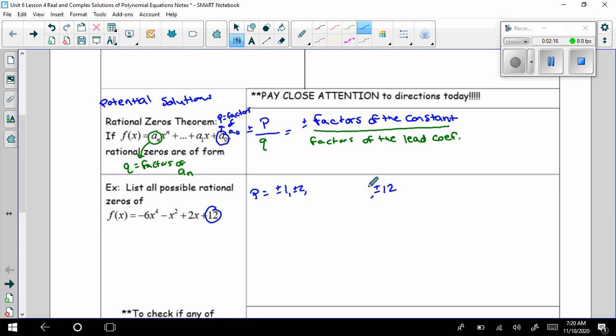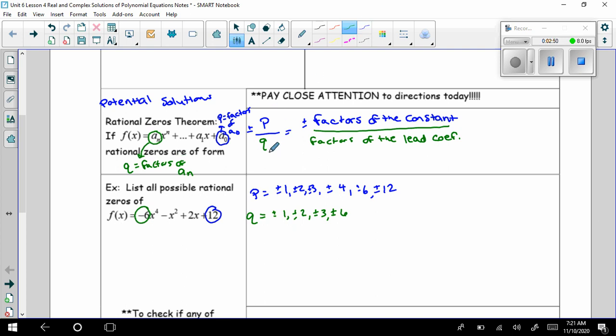So 2 and 6, 3 and 4. And then Q will be 1, 2, 3, and 6. All right. So those are our P's and our Q's.